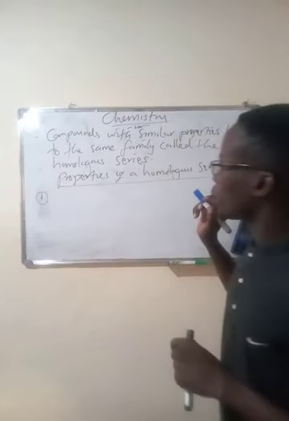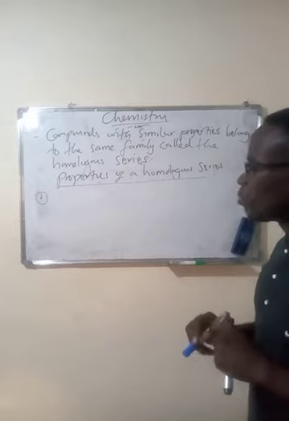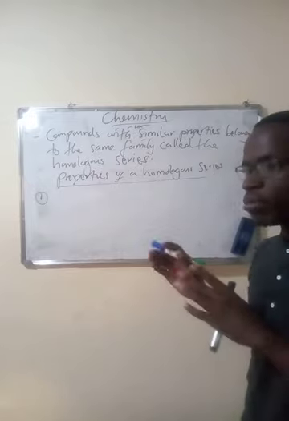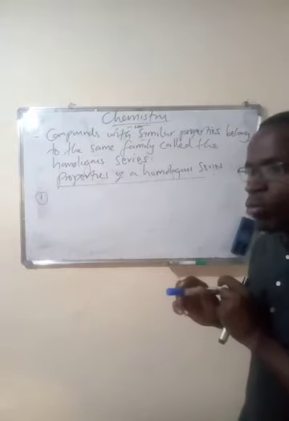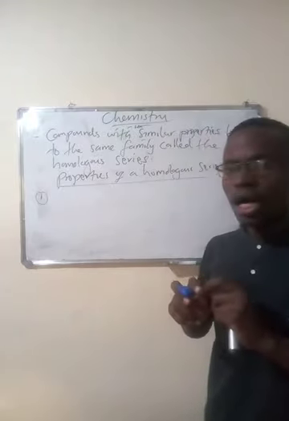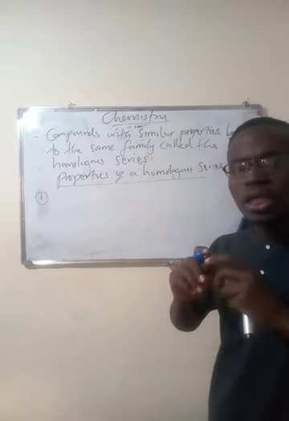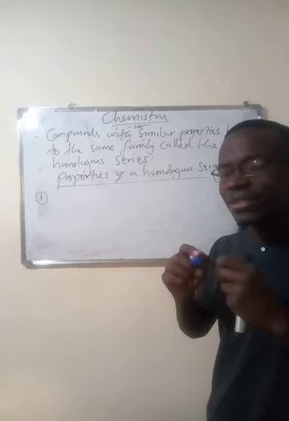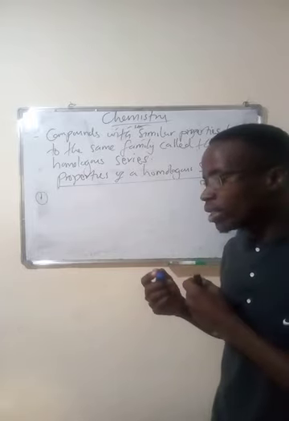All right. So I'll say that compounds that belong to the same homologous series have similar chemical properties as well as physical properties. Now, in terms of chemical properties, we say that for compounds in the same homologous series, the reactivity decreases with increase in the number of what? Carbon atoms.